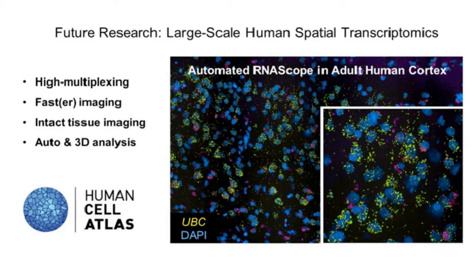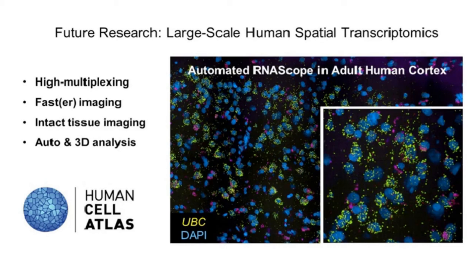So I'll close with a few remarks on my future research interests. A large goal for my lab and the community in general is applying large-scale spatial transcriptomic approaches to mapping human organs.